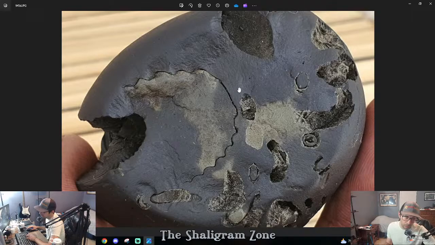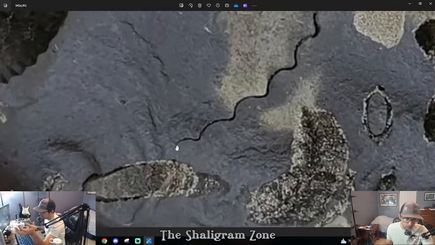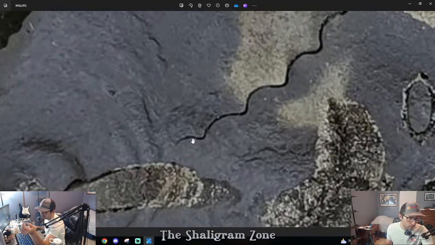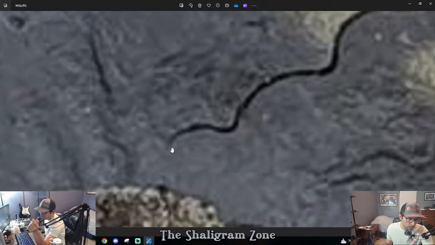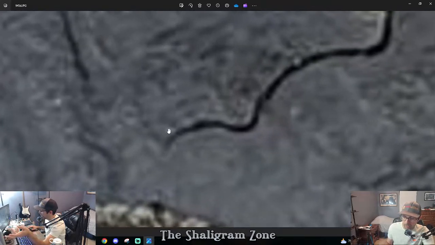system ammonite. That's so large. This ammonite was so subtle, or this shaligram. This stone, relative to this larger ammonite, was so subtle that these things were like fractally make sense in here.